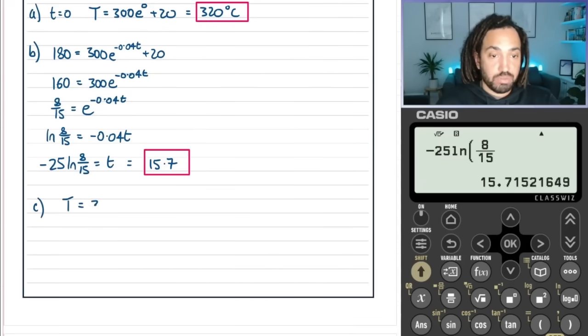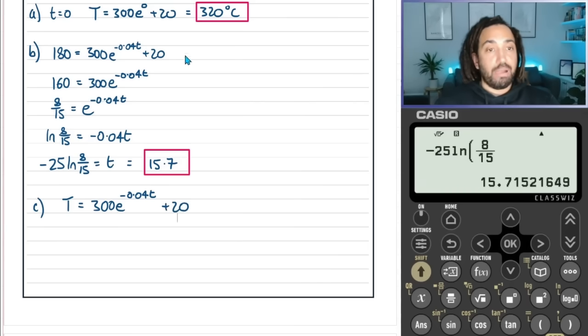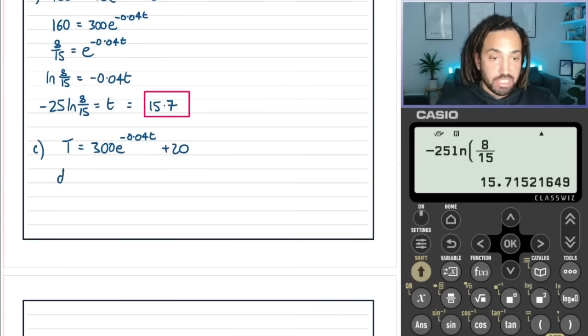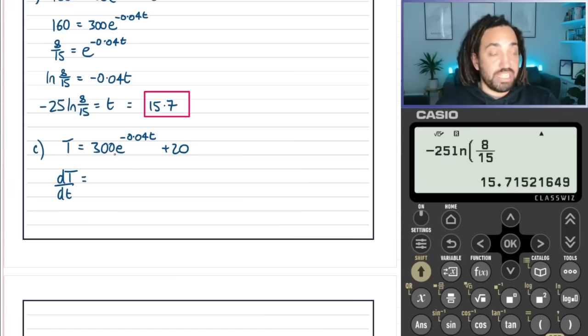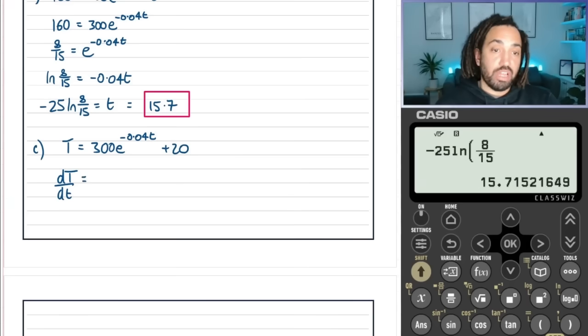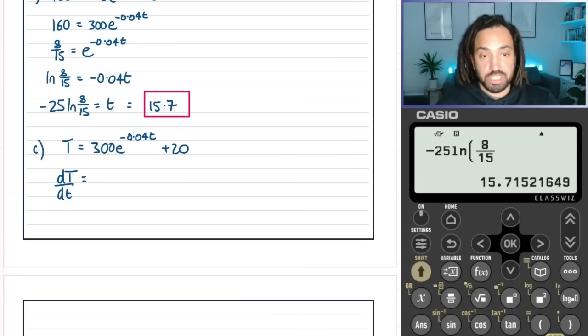Okay, so what I'll do is I'll just write it out again. So T is equal to 300 e to the minus 0.04t plus 20, like so. And then when we differentiate, this is going to give us dT by dt. And when we differentiate an e function, then it is going to go exactly to itself, but the derivative of the input will multiply out because of the chain rule.